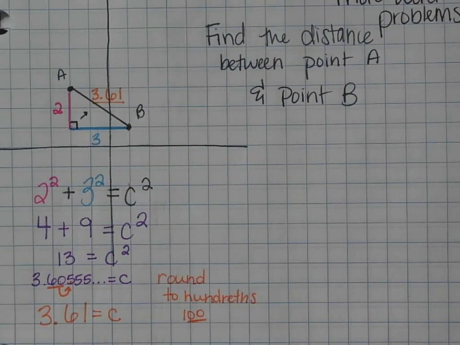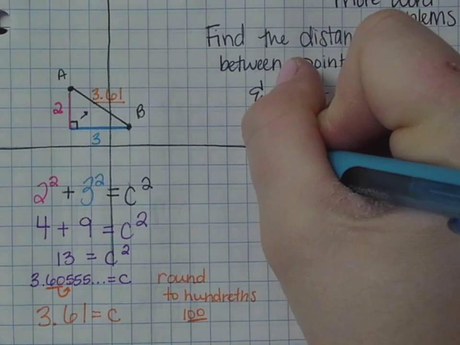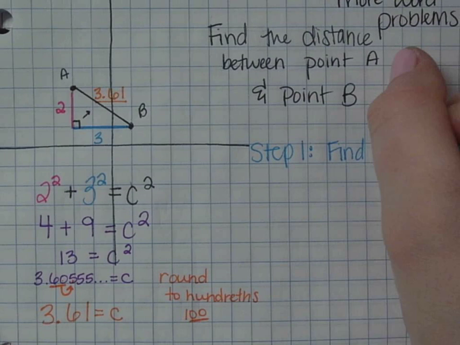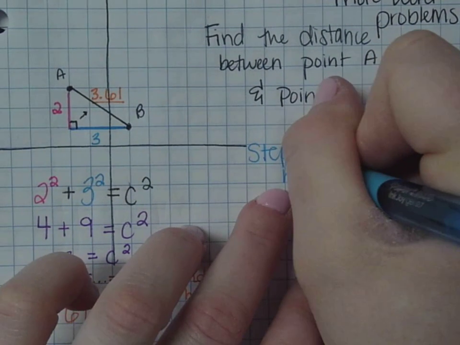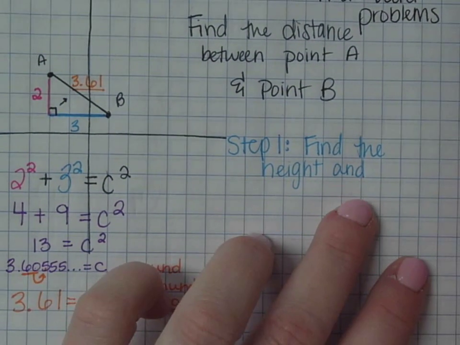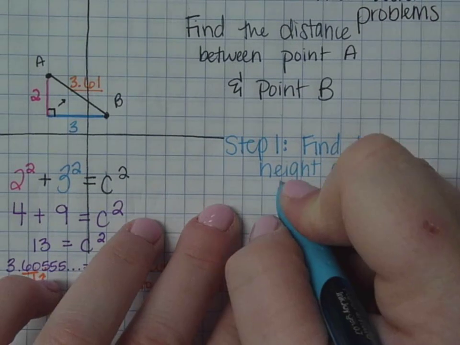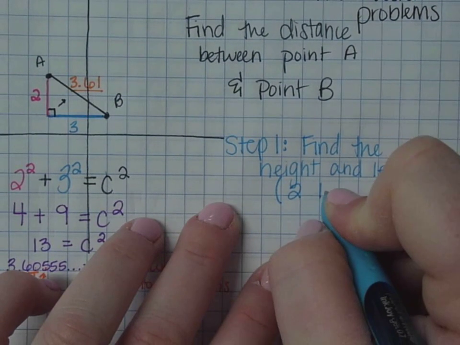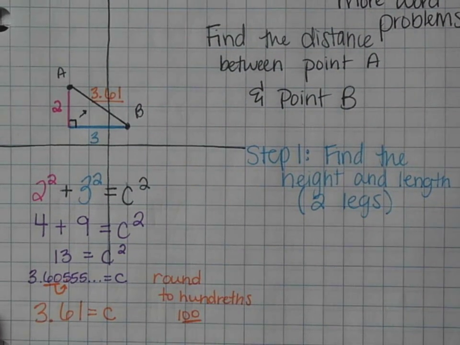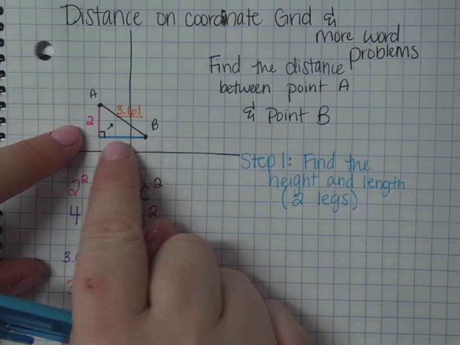Okay, I'm going to write out the steps that we just did. So step 1, we found the height and the length, or the two legs. Now I want you to look at this. This should look familiar, at least finding the 2 and the 3.